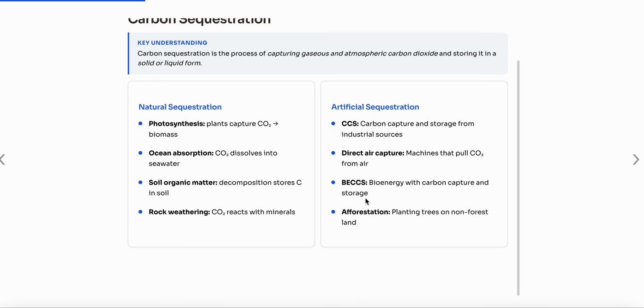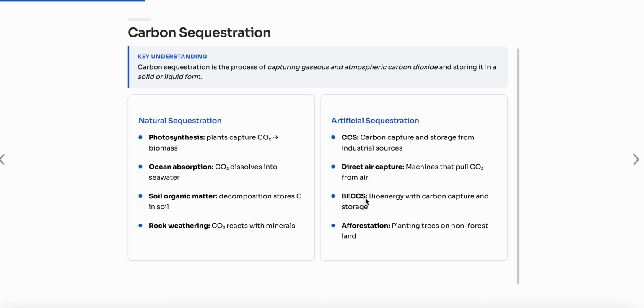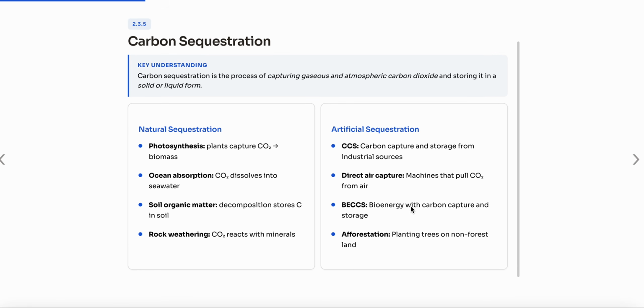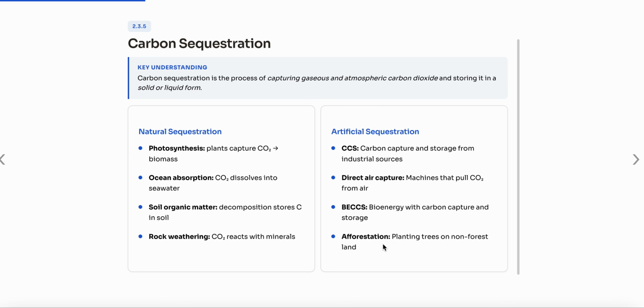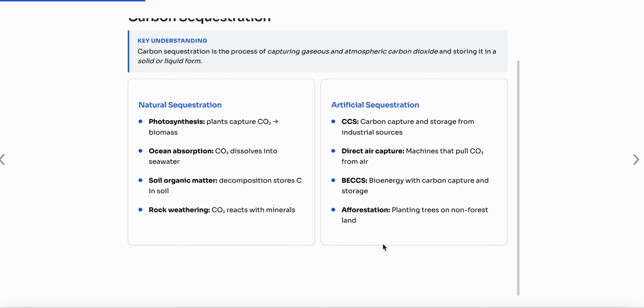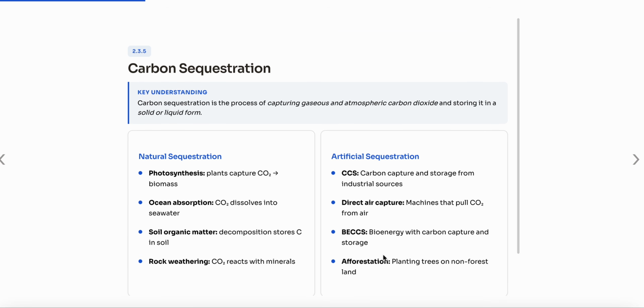These are other techniques which we are using to decrease the carbon dioxide, because we know that if there is more carbon dioxide in the atmosphere, that can increase the global temperature, and we don't want that. So bioenergy with carbon capture and storage is also another technique, and afforestation is where we plant trees, because if you plant more trees, they will absorb more carbon dioxide naturally. So these are the few techniques.